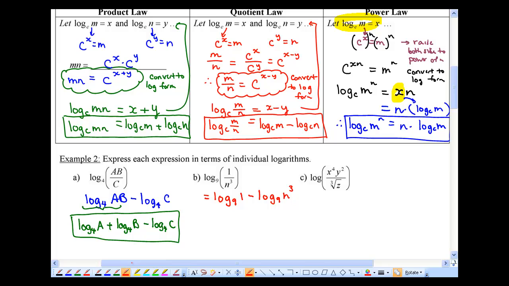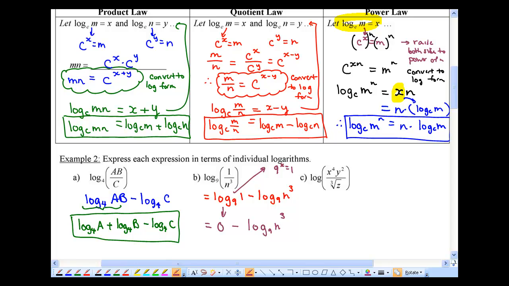Remember, if I were to ask you to evaluate this, that's in exponential form. Let me just do it over here. That'd be 9 to the power of something gives you 1. Well, the exponent that gives you 1 is the exponent 0. So that's just 0. So 0 minus log base 9 of n cubed.